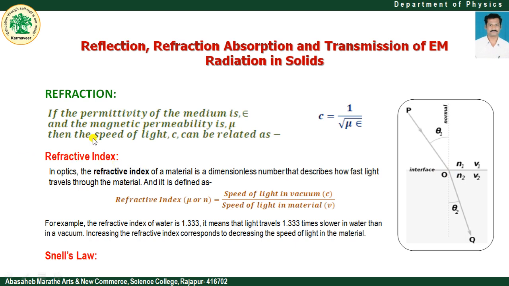If the permittivity of the medium is epsilon and the magnetic permeability of the medium is mu, then the speed of light c can be related as c equal to 1 divided by square root of mu epsilon.